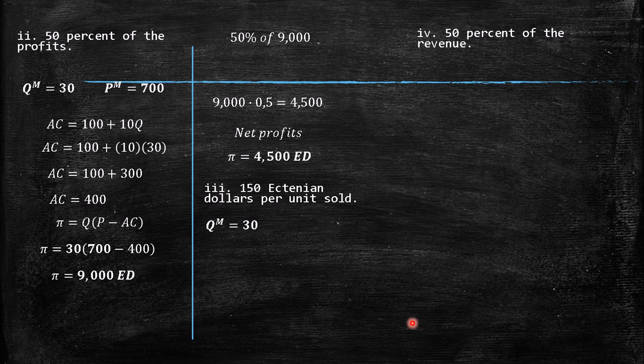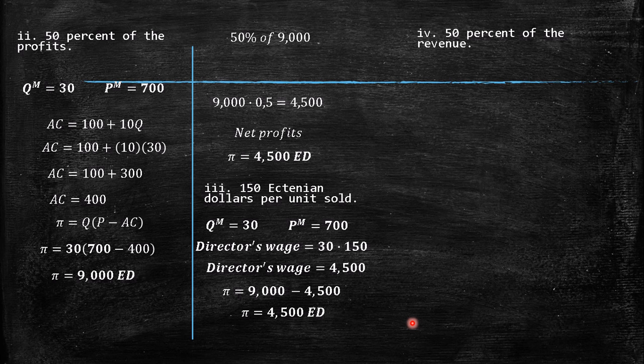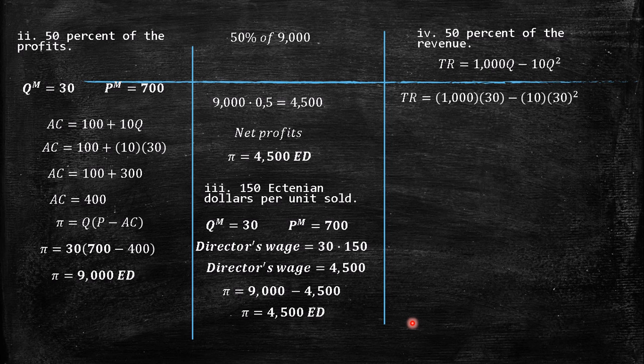The third idea is to provide 150 Ectenian dollars per unit sold. So the director's wage should be 30, which is produced, times 150, which is 4,500. So the net profit should be exactly the same as the second one. The fourth one is 50% of the revenue. We just replace 30, so then it should be 3,000 minus 9,000.